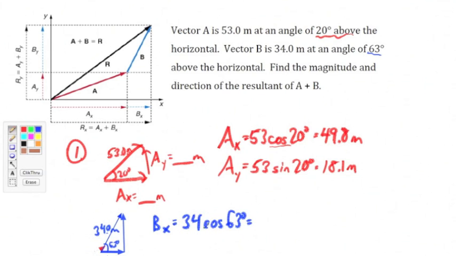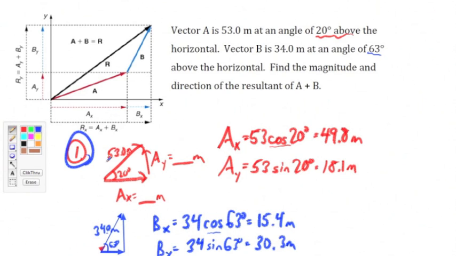I hope I've impressed upon you by now that this doesn't have to be cosine for x. It depends on how the triangle is drawn and where the angle is placed in that triangle. We could have 34 sine of 63 degrees for y, 15.4 meters to the right, and 30.3 meters up.